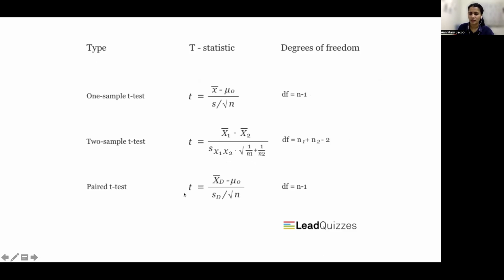And the df is n1 plus n2 minus 2. So let's look at how you are going to employ this.